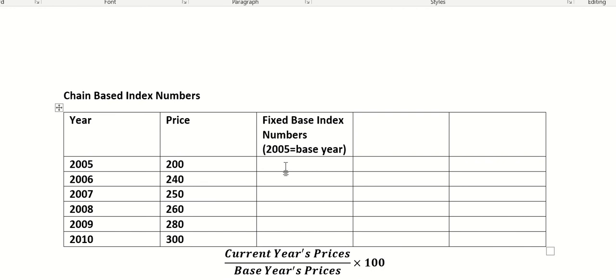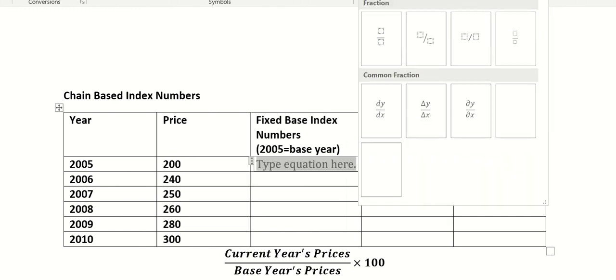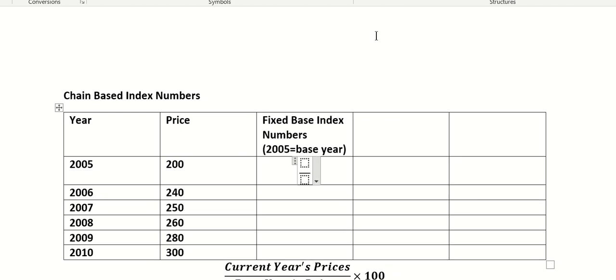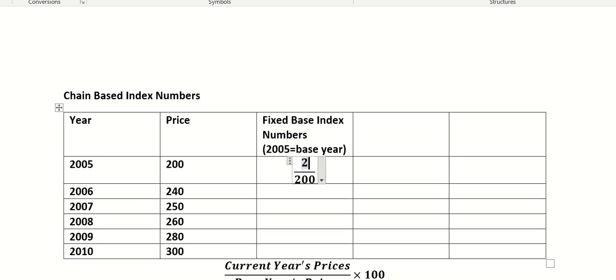So here I will apply. In the first part, the current year and base year are the same, right? So current year is 200, base year is 200, 200 divided by 200 into 100.